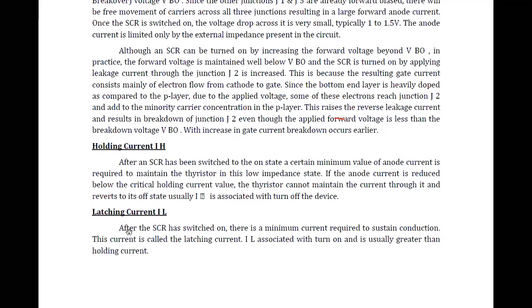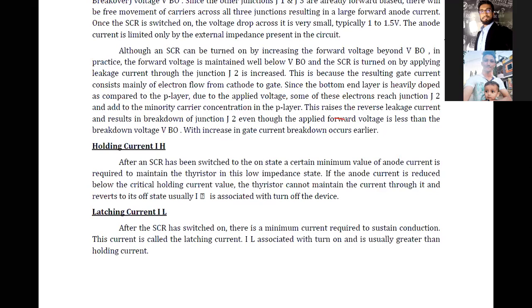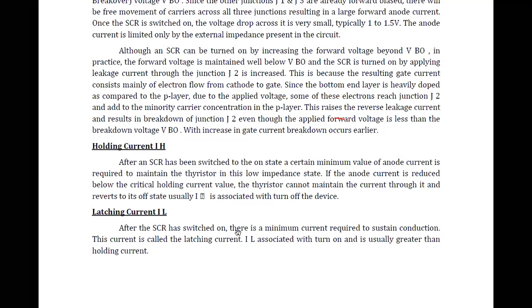Once your SCR is turned on, there is a minimum current required to sustain conduction. Sustain conduction is nothing but to maintain in the conduction region. This current is called the latching current, denoted by IL, and it should always be greater than the holding current.